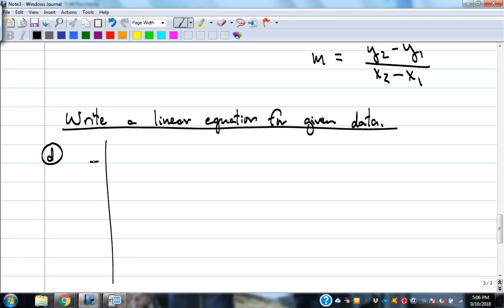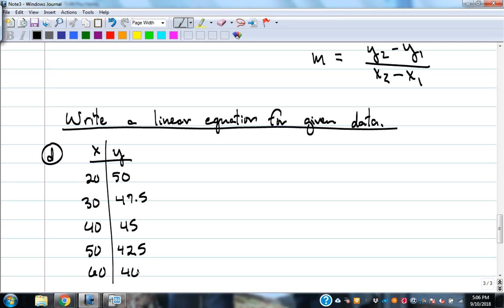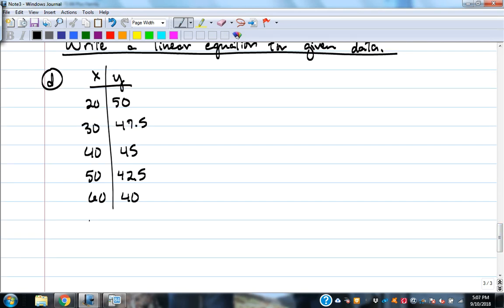I'm just going to give you the table of information. X values, Y values: 20, 50; 30, 47.5; 40, 45; 50, 42.5; 60, 40; and then throw one in there, 70, 37.5.